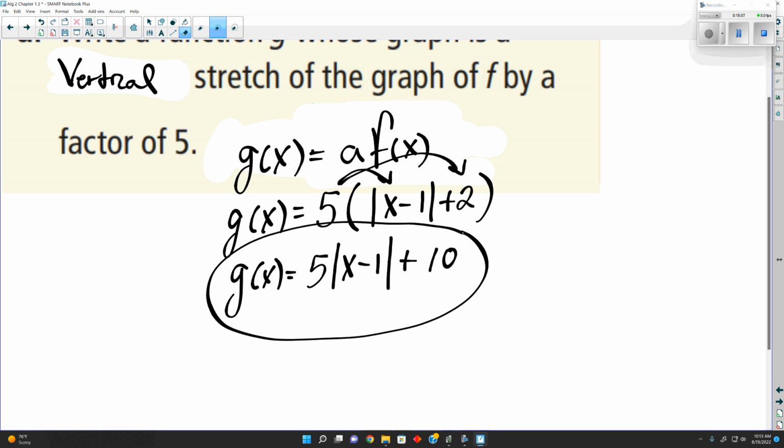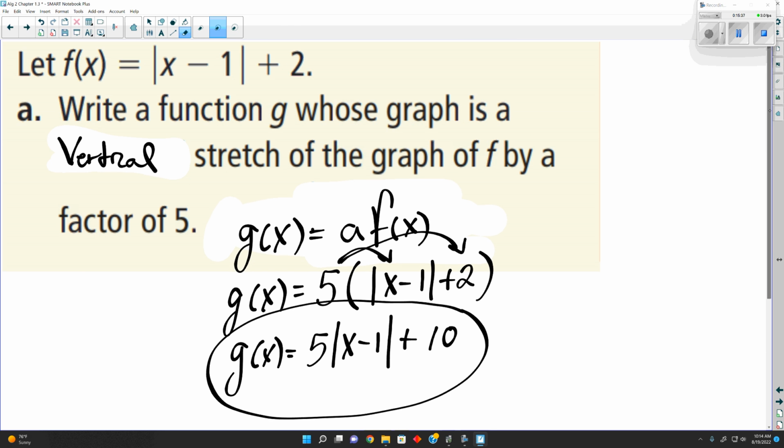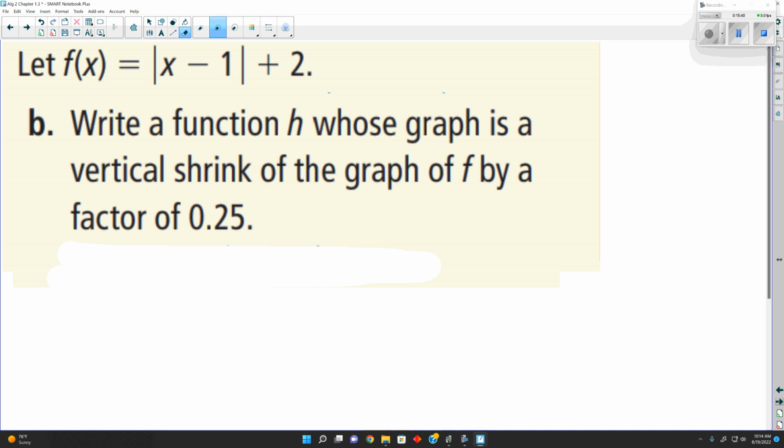Any questions on this here? Are there any other questions on vertical stretches? No? Then we go to the next one.